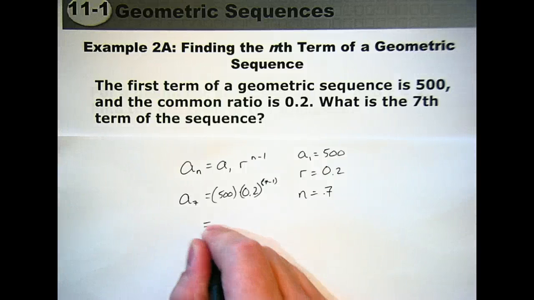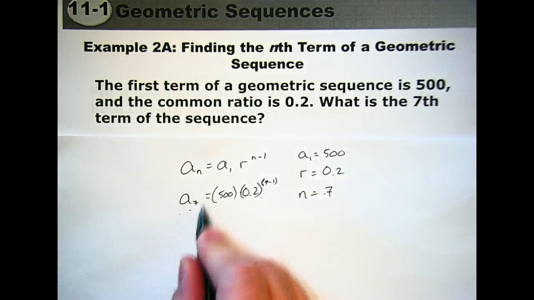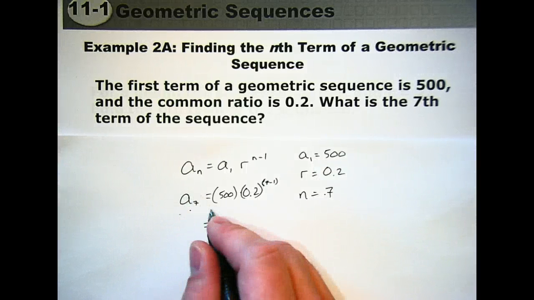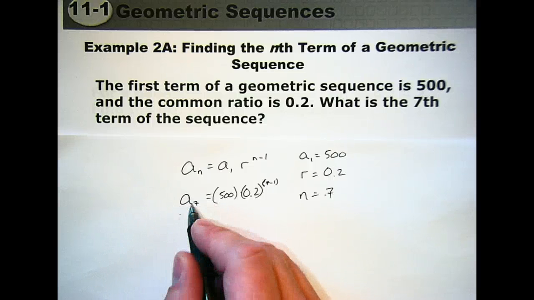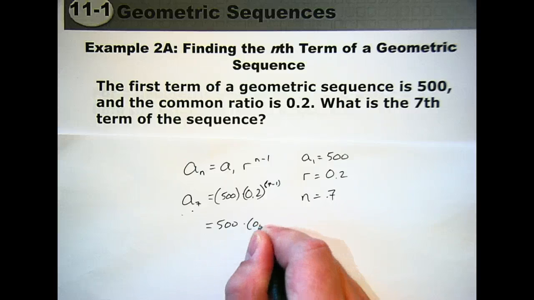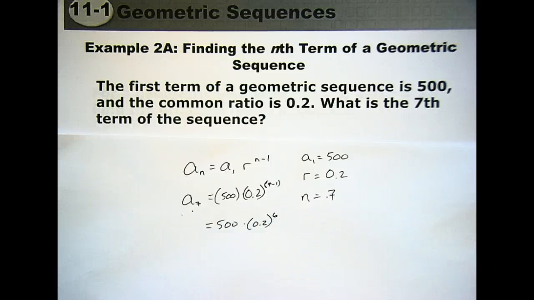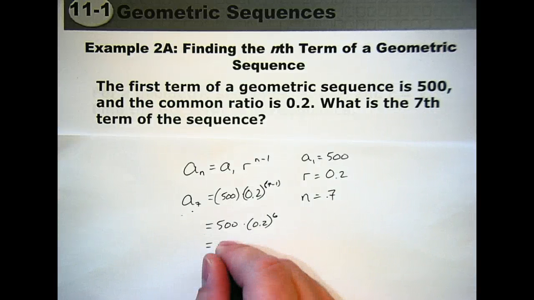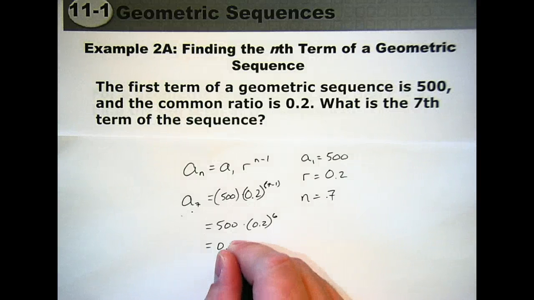Okay? Now, remember, this doesn't mean much of anything for us. It's just telling us seventh term. So we don't have to do any math here. So I'm just going to bring this down. Say 500 times 0.2 to the 6th power. What'd you get, Randy? 3200. Nice job.